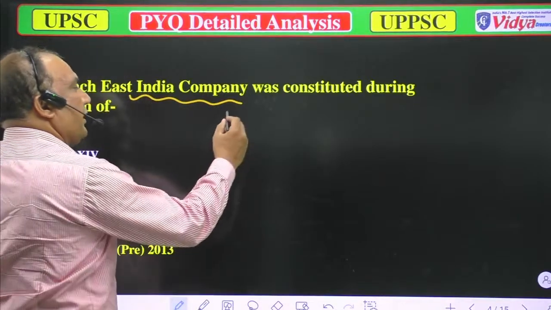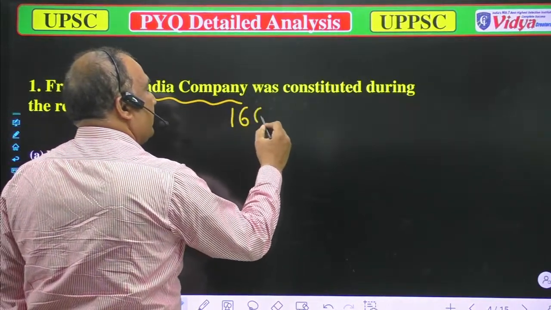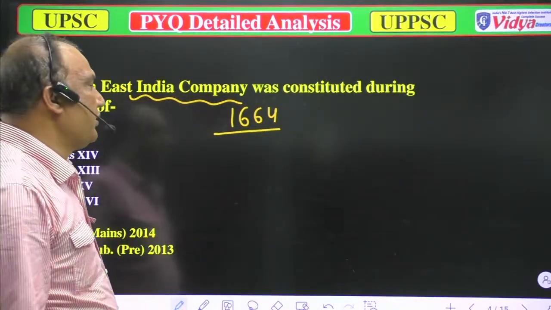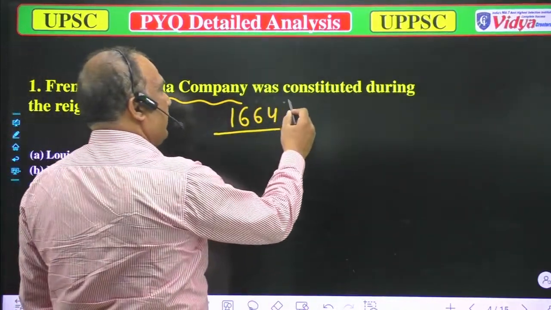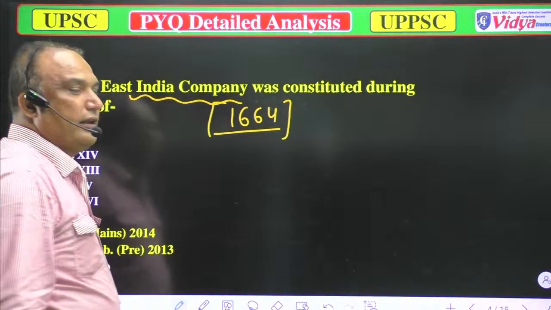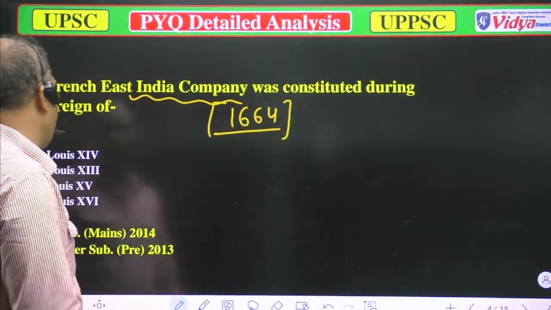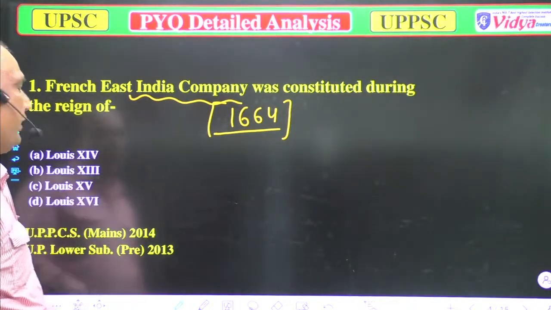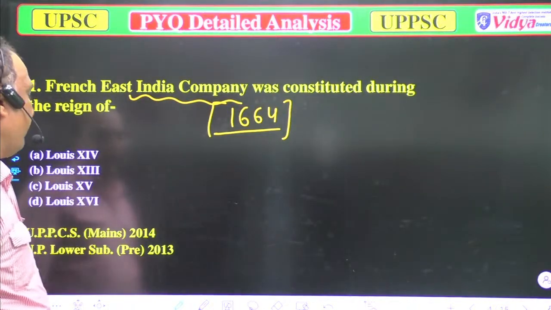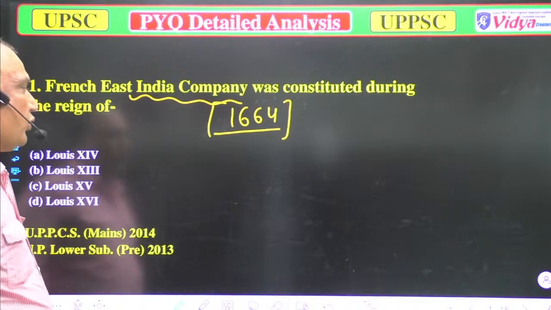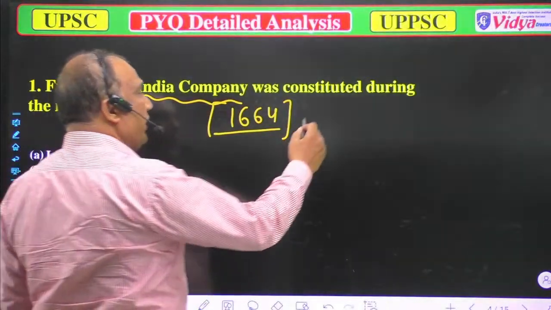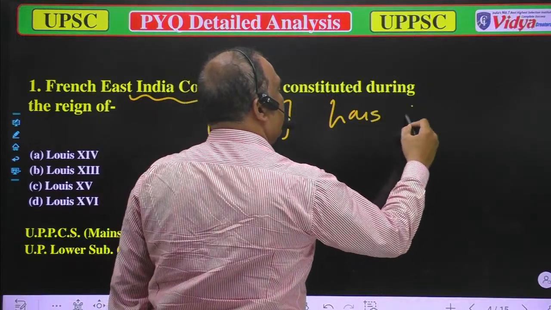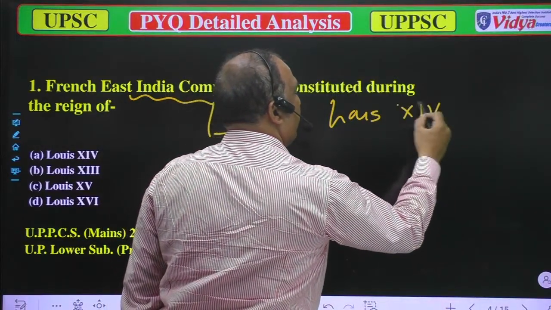It was established in 1664, when the king was Louis XIV; there were Louis XIII, Louis XV, and Louis XVI. So that was the phase of Louis XIV.